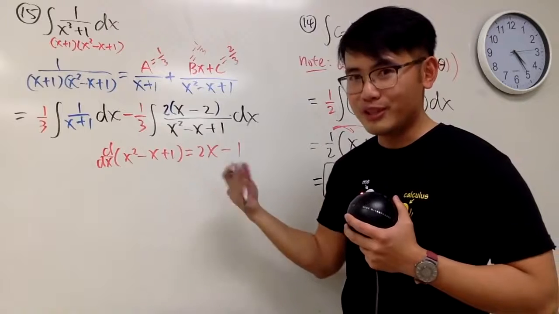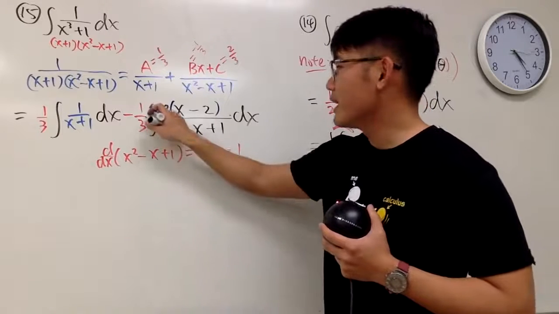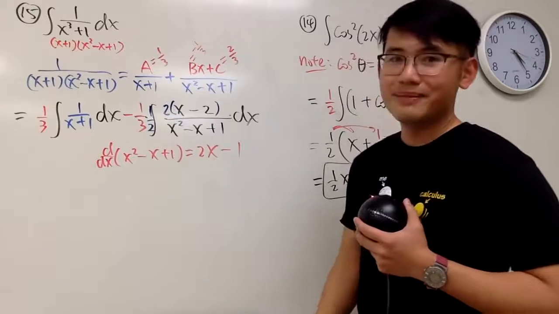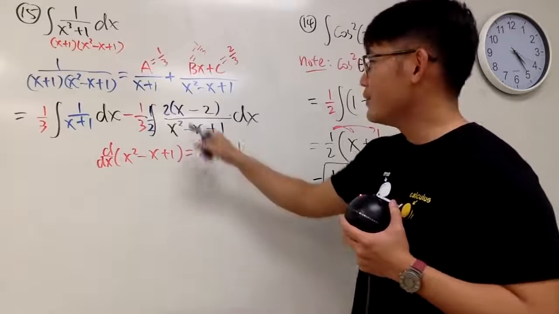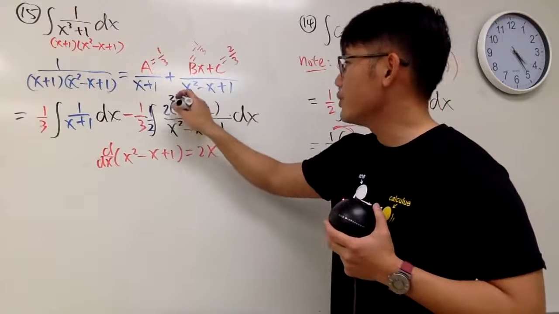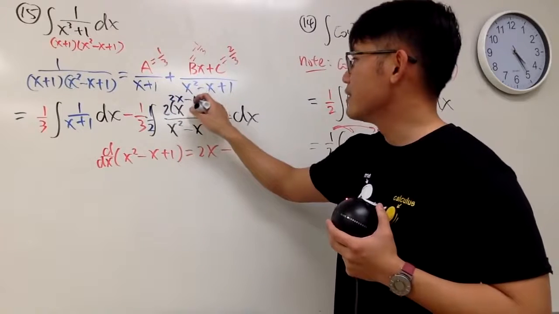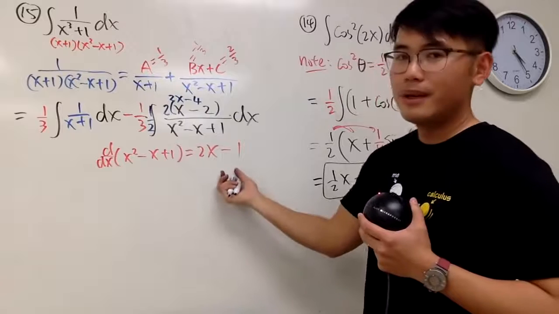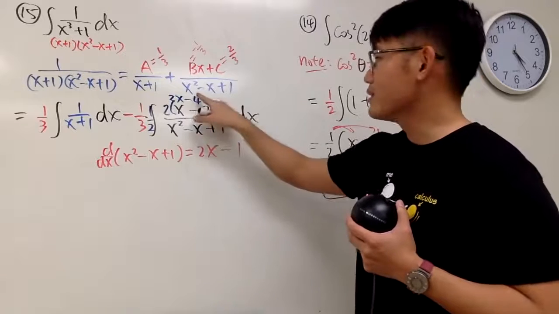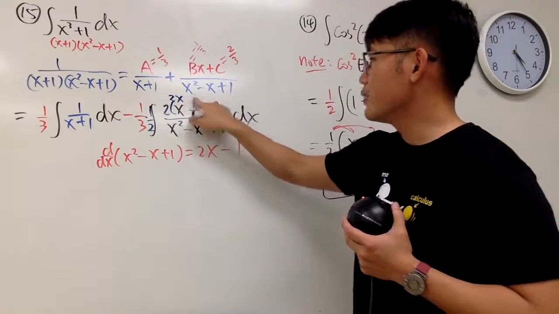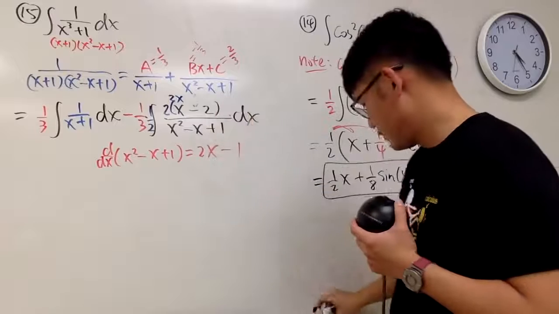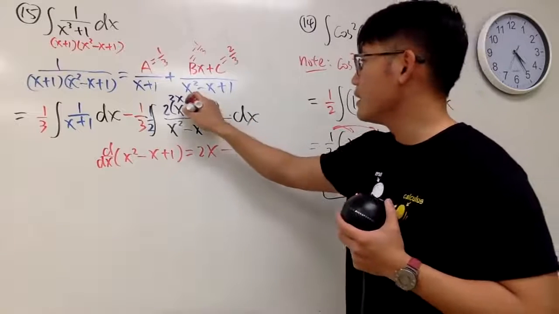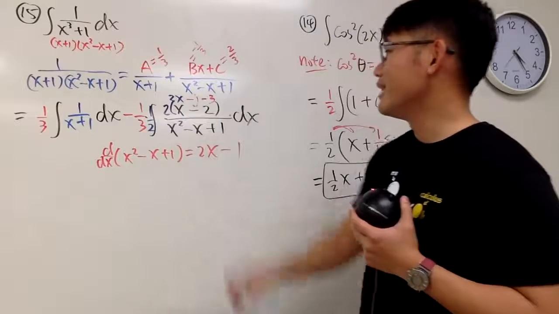Of course, if I do that, it changes the whole thing. It's okay, I can just divide by the 2 in the front, like that. So that's still legit. And if you look at this right here, it's going to be 2x minus 4, right? But I want to see a 2x minus 1. So it's okay though, we can just look at this as 2x minus 1, and then minus 3, like that.